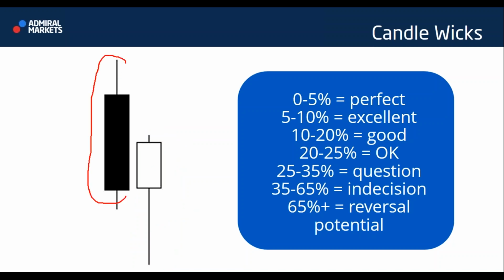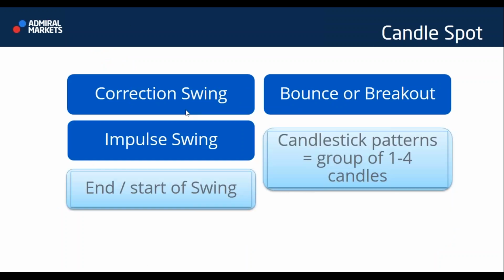The one on the left, sorry, indicates a good bearish close, probably around excellent or good. So it indicates bearish continuation or reversal, perhaps, depending on the context of the candles.